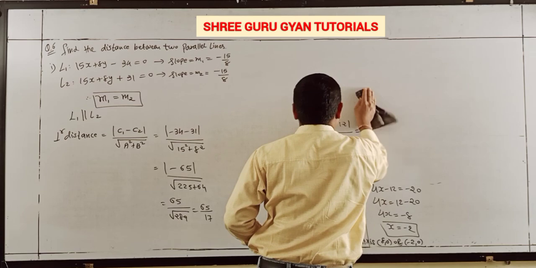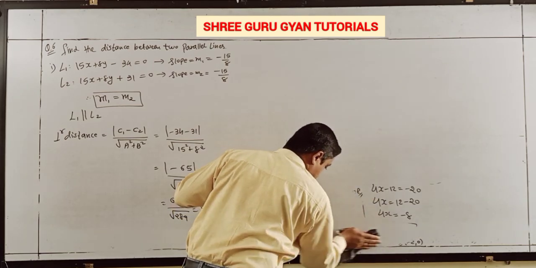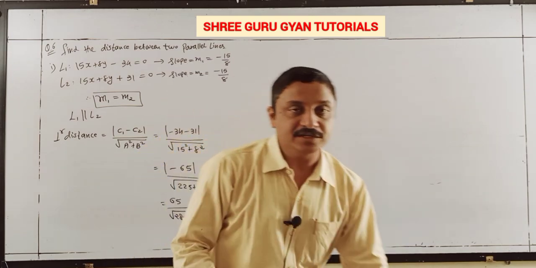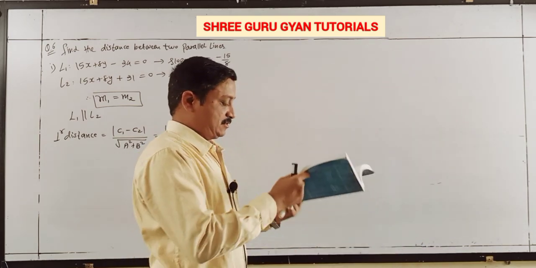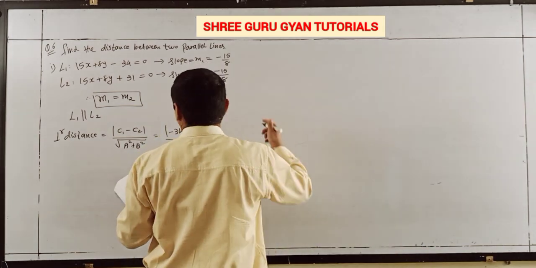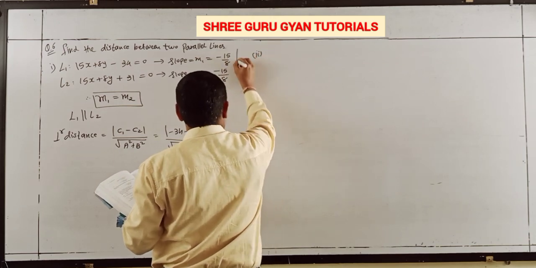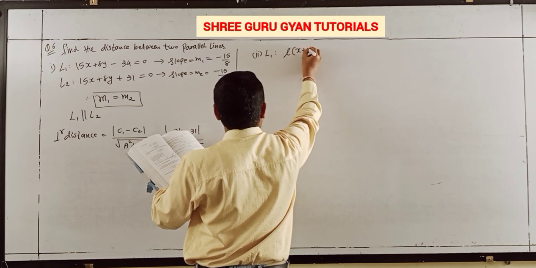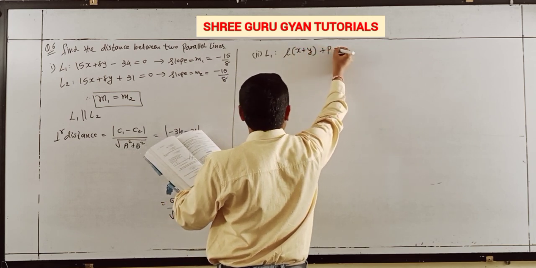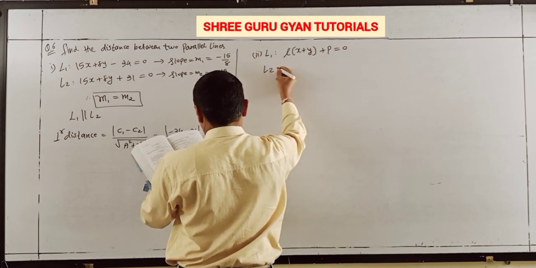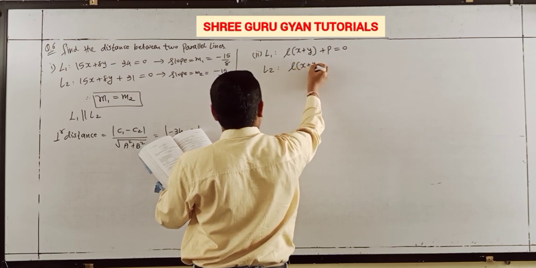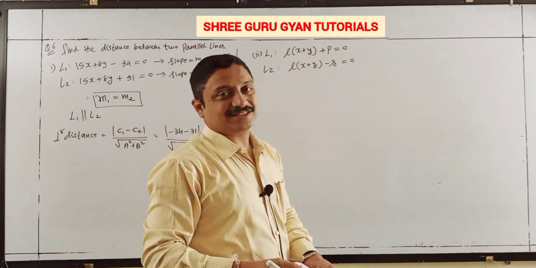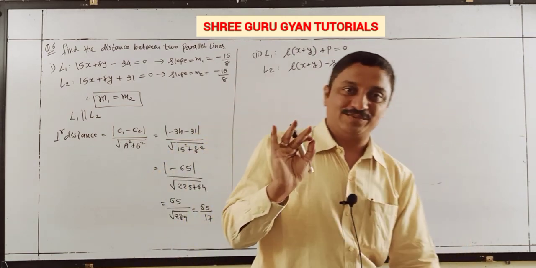Now we go to the second. Similarly, we are going ahead. Distance between two parallel lines. Sixth, second. L1: lx plus y plus p, and L2: lx plus y minus r, and you can write them in simple form, two-line form.